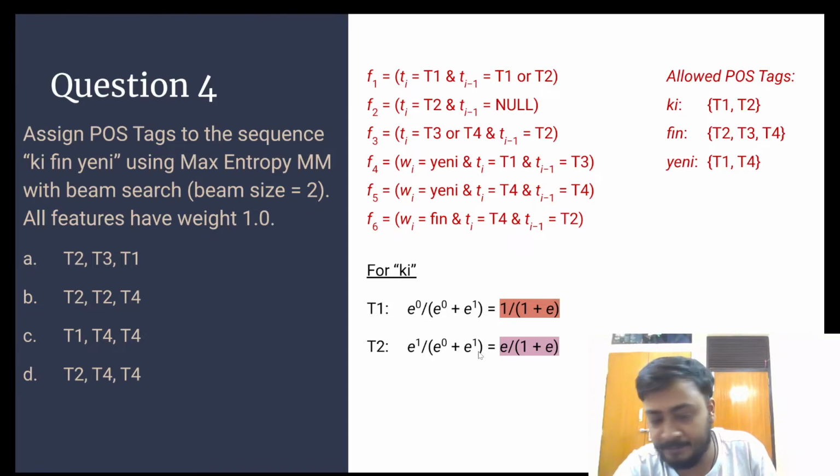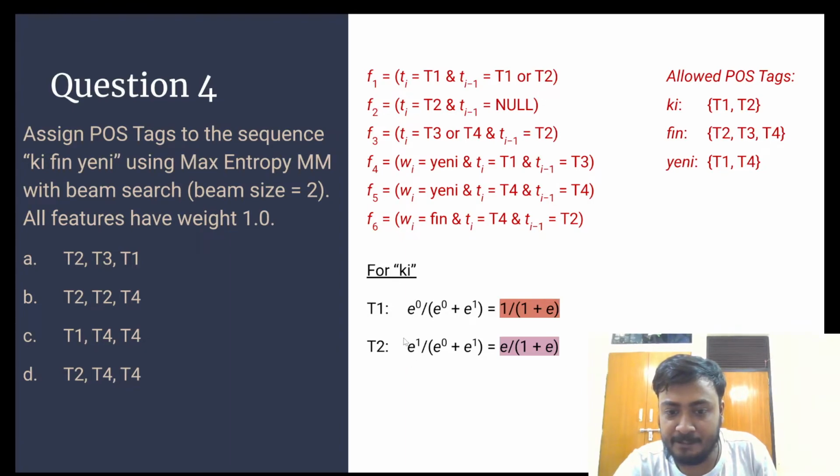Now that is a very simple heuristic, but if you look at the formula, the exact same thing will come, because it is saying that in the denominator we have to sum over all possible tags. Numerator is the combination of given word and given tag, whereas the denominator is given word with all possible tags.